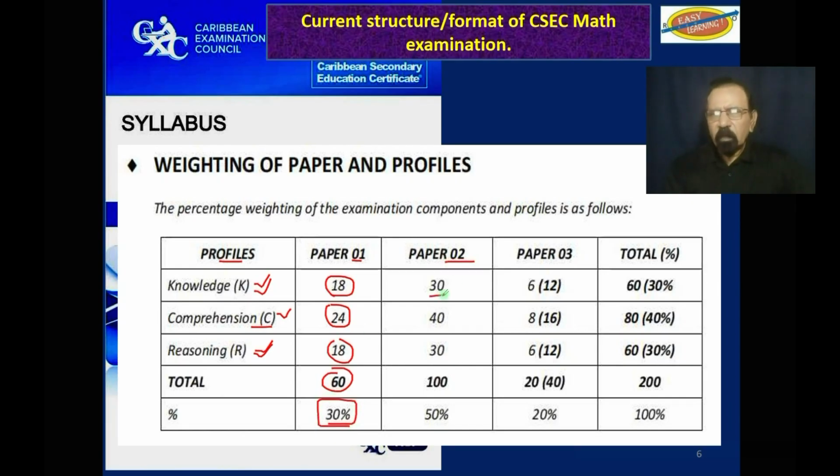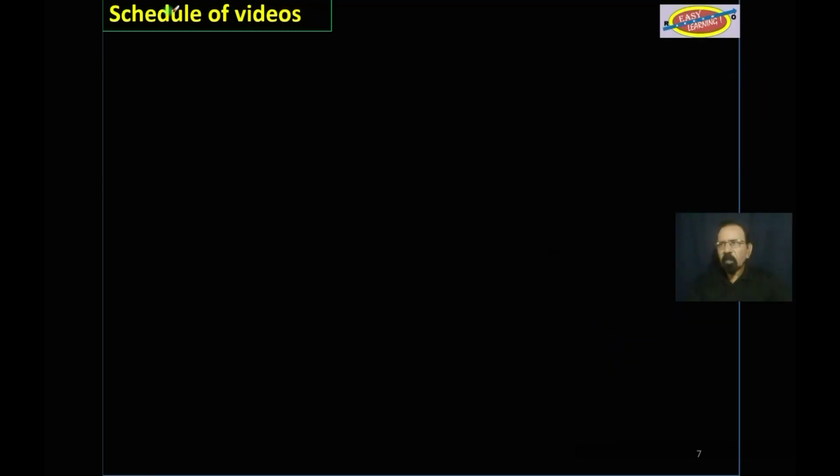Paper 2: 30 marks from knowledge, 40 marks from comprehension, 30 marks from reasoning, 100 marks, which will eventually boil down to 50% of your final grade. And Paper 3, you could follow the same pattern. Overall, the exam is 200 marks, which will be graded down to 100%, and that will determine your final grade.